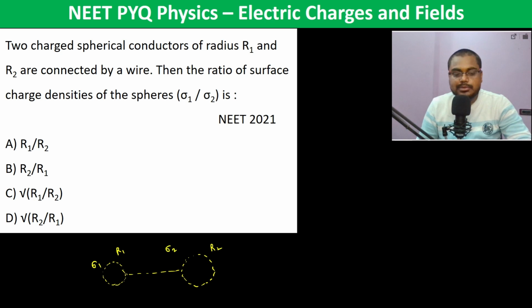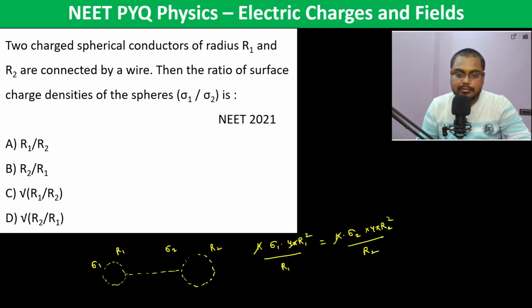The potential has to be the same, so therefore we can write k into q, that is sigma 1 into 4 pi r1 whole square divided by r1, should be equal to k into sigma 2 into 4 pi r2 whole square divided by r2. K is gone, 4 pi is gone, and this is also gone. So therefore sigma 1 by sigma 2 becomes r2 divided by r1. So B is the answer.